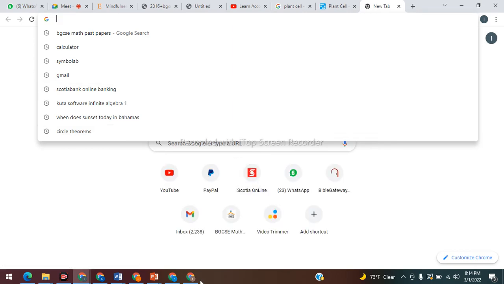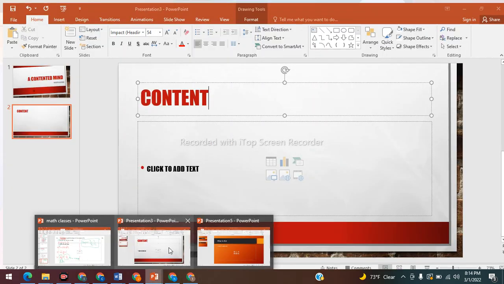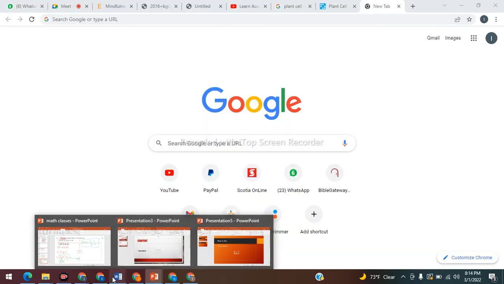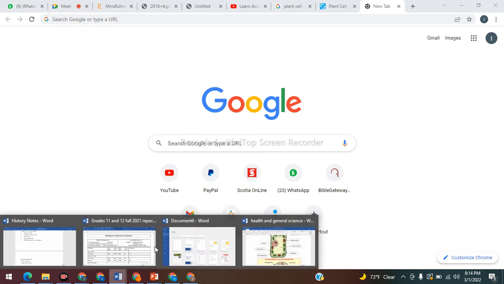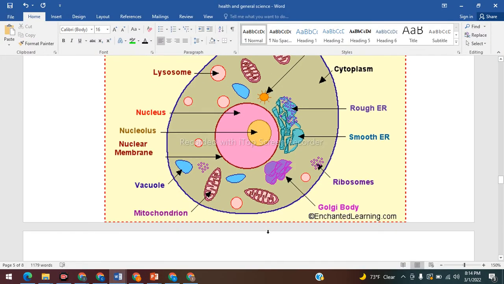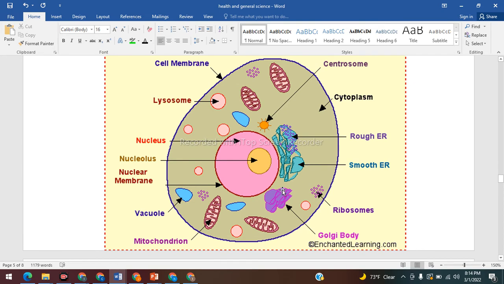Let's go back to our diagram. Do we have it labeled? Let's see. Okay, so this is the Golgi bodies. This is the rough endoplasmic reticulum. This is the smooth endoplasmic reticulum. That's the wrong one, that's the animal cell.